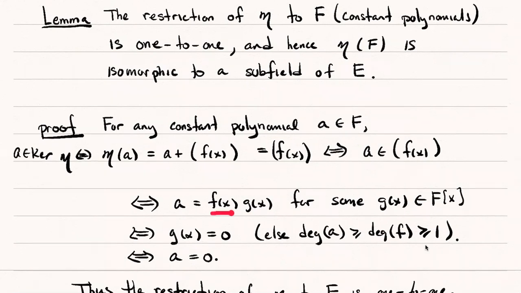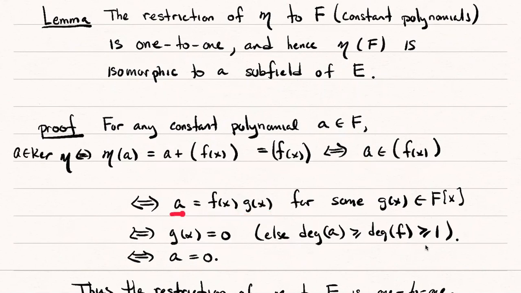f is an irreducible polynomial, so its degree is at least 1. So wait a minute, how am I taking something of degree at least 1, multiplying it by some other polynomial, and getting a constant? The only way this could possibly be true is if g and a are 0. If g is a non-zero polynomial, the degree of f times g is at least the degree of f, which is greater than or equal to 1.